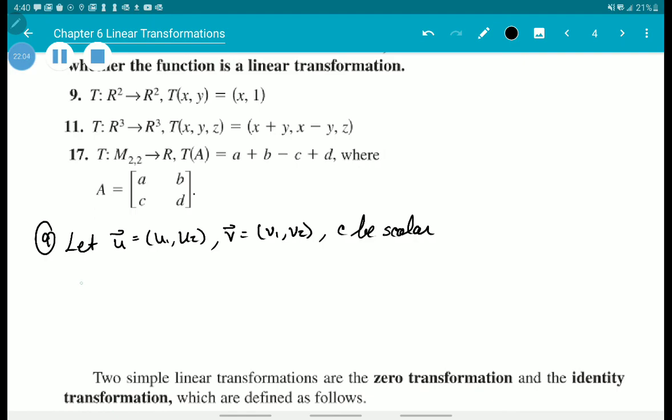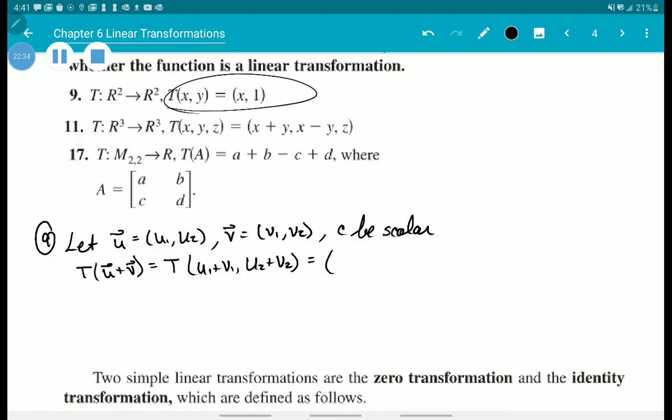So let's look at this guy. The transformation of u plus v. We need to take the transformation of u1 plus v1, u2 plus v2. Notice we have not applied the transformation yet. That's what that T means. And once we apply it, then the T goes away. So this transformation says that first component stays the same. There's our first component. Second component maps to 1.